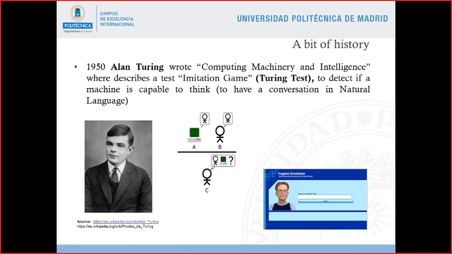This is controversial: whether machines think like a human, or only think because they are capable of extracting information, talking to the internet and retrieving the correct answer.